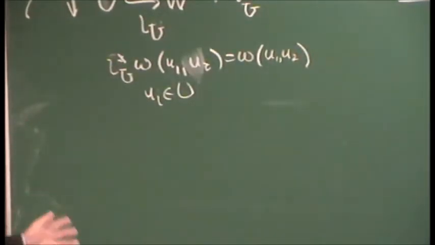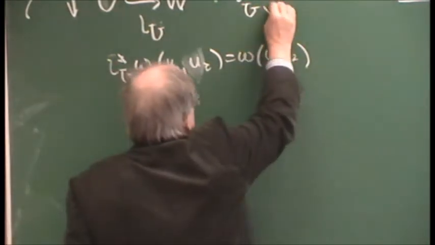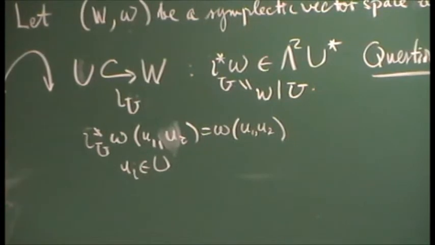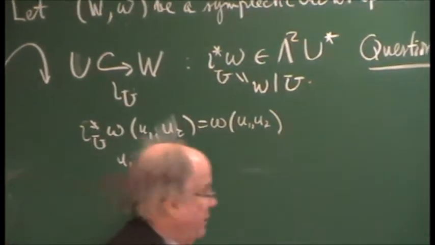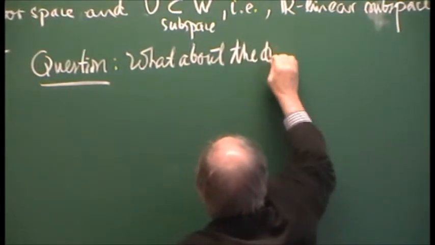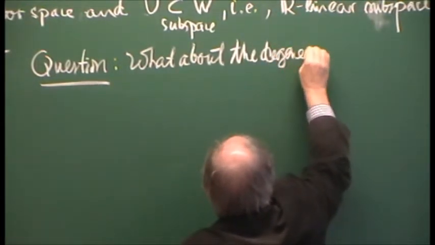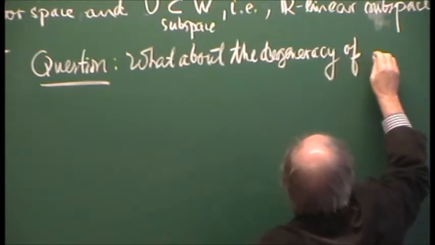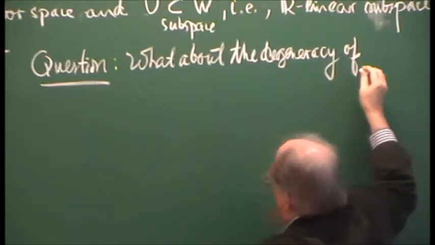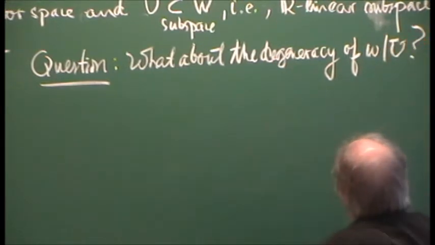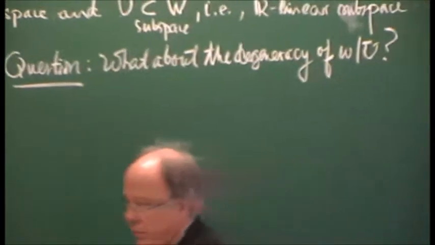So if you like, let's call this just the restriction, same thing. The question is, what about the degeneracy of this pullback form? I'll call it omega restricted to U. Well, it can be everything.